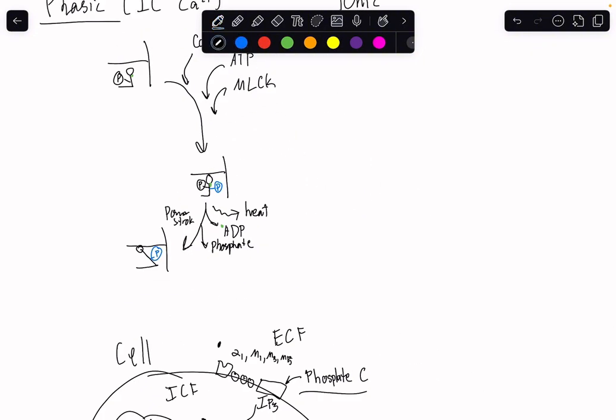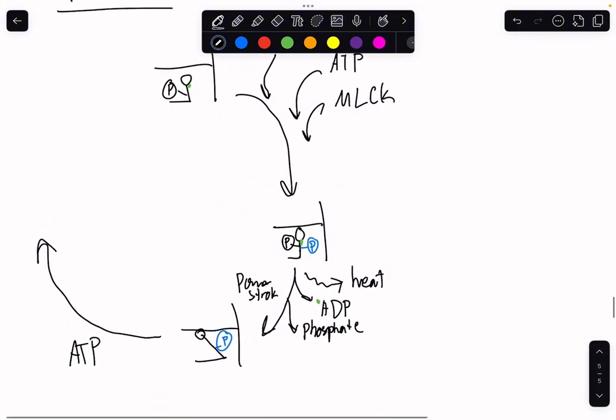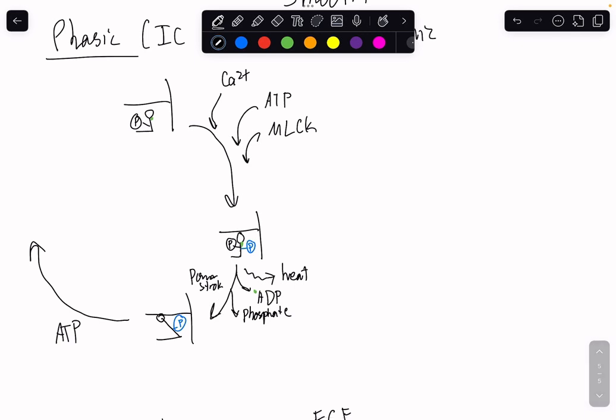So then we can get another ATP that comes in because it can bind easily to this when it's like that, and it'll go like this. It'll actually pull it off like that.